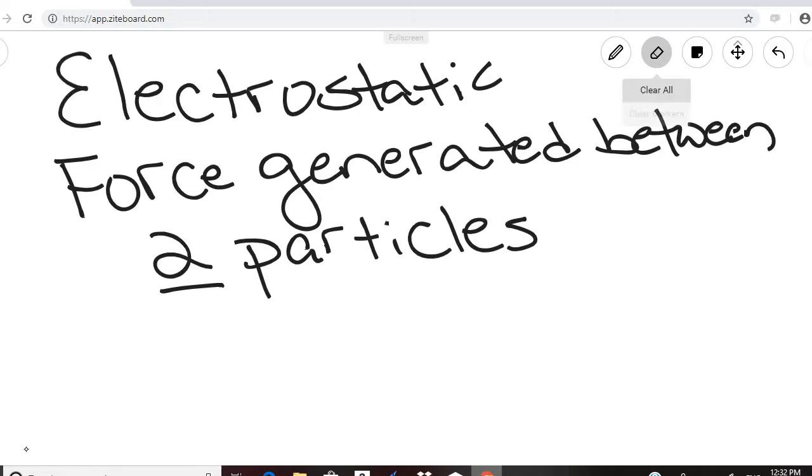So if you have two charges, the kinetic energy of these charges is going to come from the potential energy.